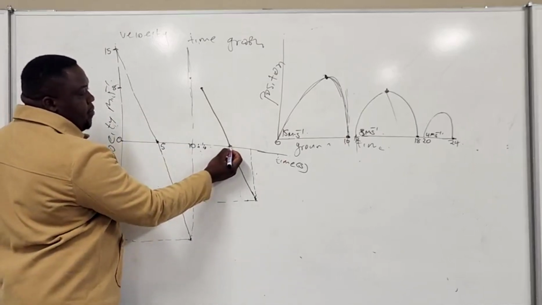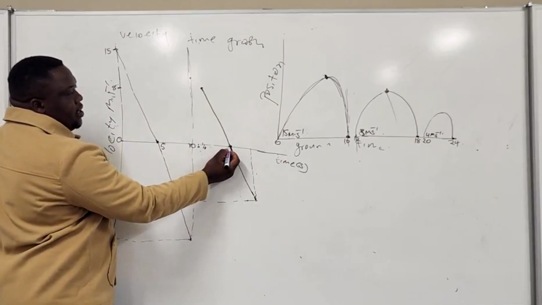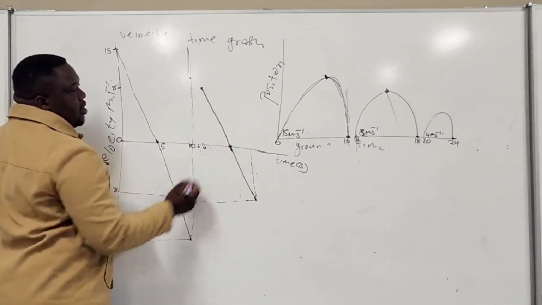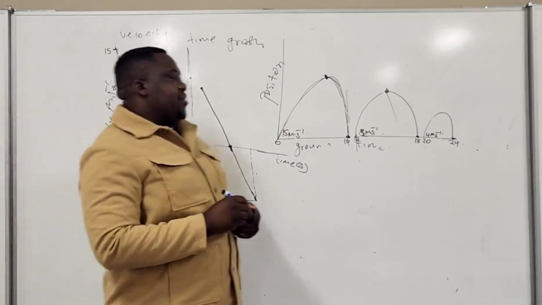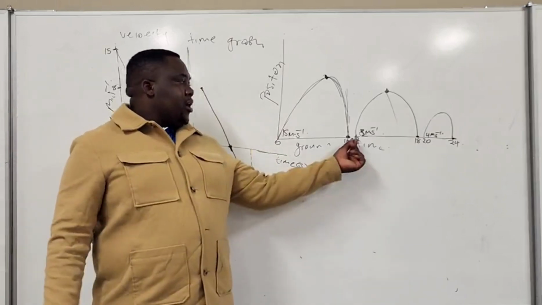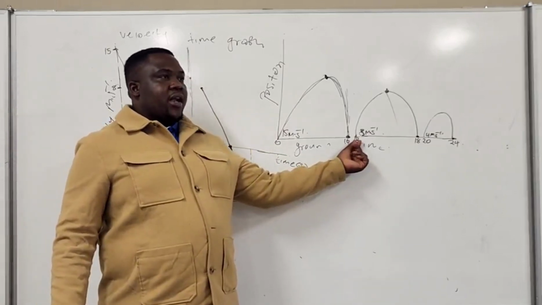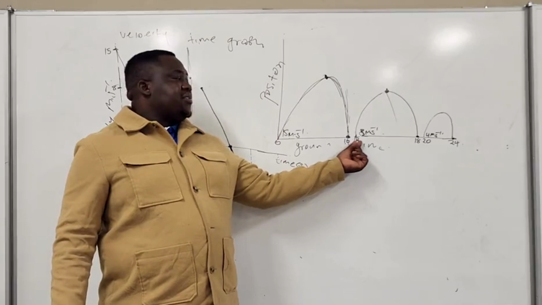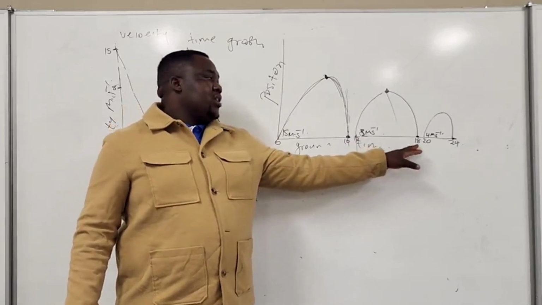The maximum height, how many seconds did it take to reach the maximum height? Remember we said that when this ball went up, it was 12 seconds. When it came down, it was 18 seconds.